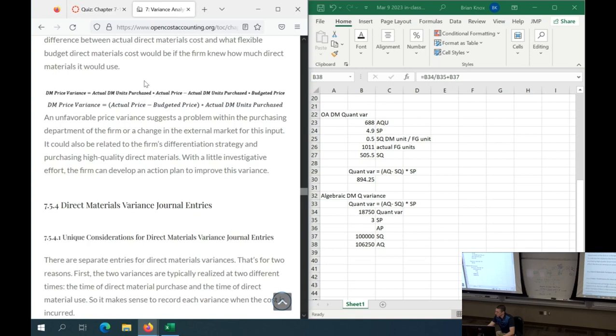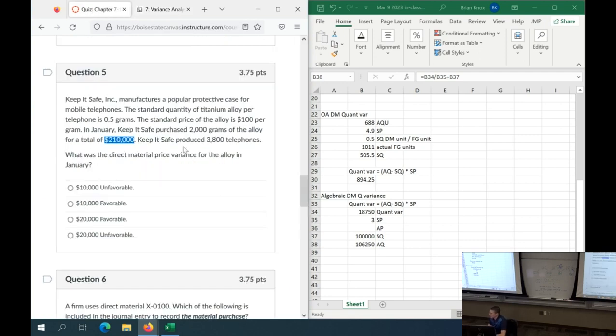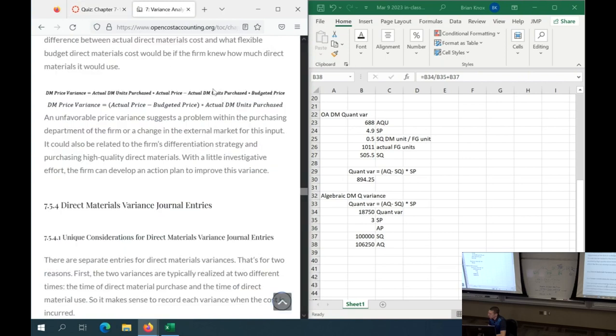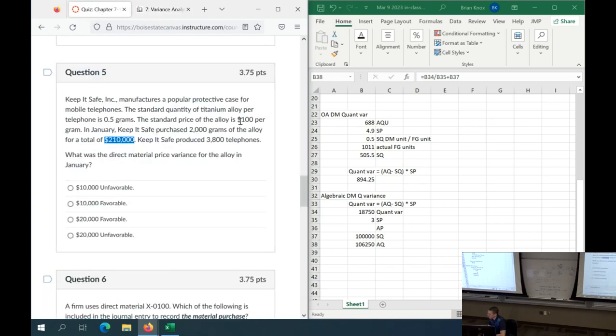We can solve it a little faster this way. If we're able to switch modes, we save a couple steps. What do we need left? We need actual quantity purchased times budgeted price. Our budgeted price is $100. Actual quantity purchased is 2,000 grams. Well, that's pretty easy. That's going to be $200,000.